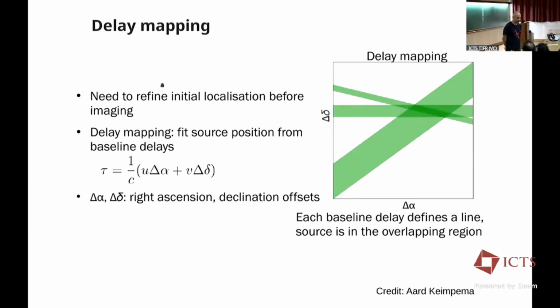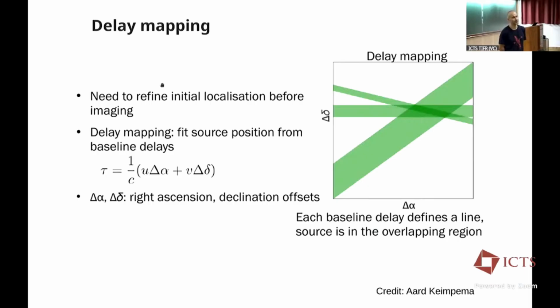Since any difference in DEC and RA is directly translating into a delay on a particular baseline, what you do is, on the different baselines, you look in delay space for a signal-to-noise maximum.